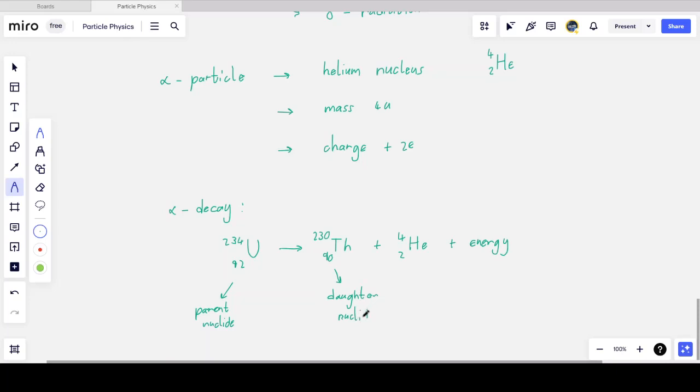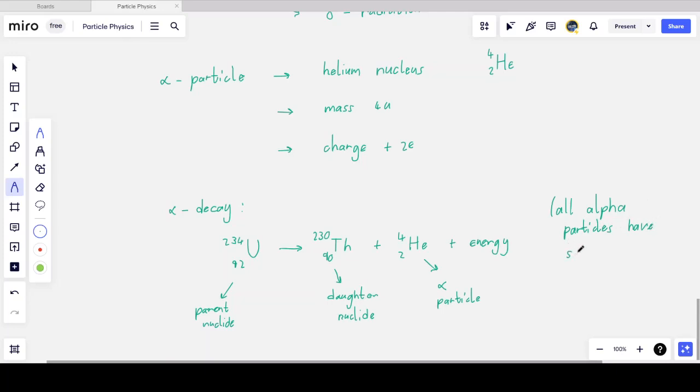And then we have the alpha particle being released. We can sometimes just represent this with the Greek letter alpha, or just helium 4, 2, and then some energy. That energy is usually given to the alpha particle. Now, what happens here is in these alpha decay processes, all the alpha particles that are produced have the same energy.